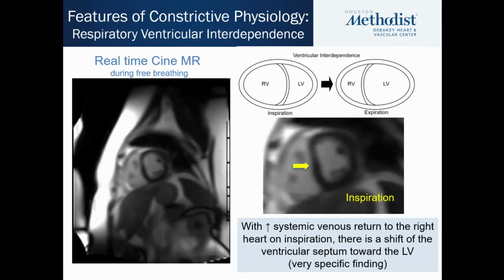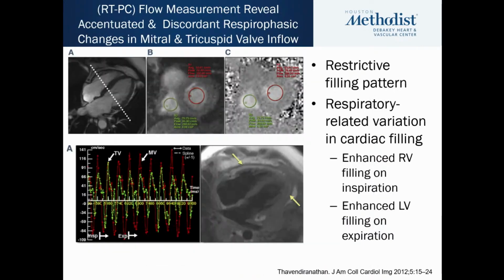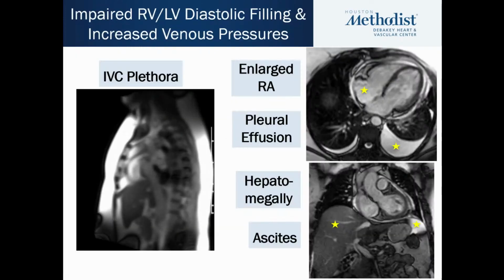And this process reverses itself in expiration. So this is a sign of ventricular interdependence because of ventricular coupling. We can also, with real-time phase contrast imaging, look for the respiratory variations in cardiac filling, should you have this sequence.